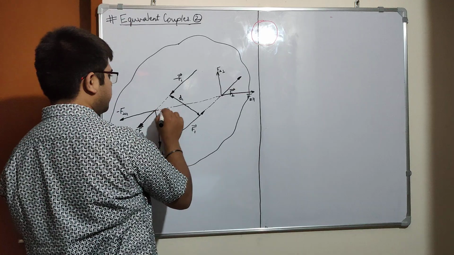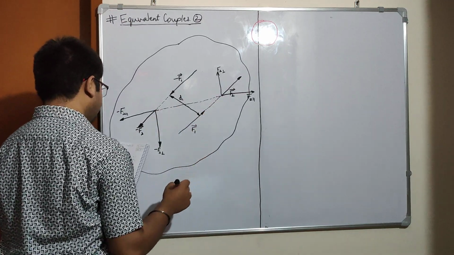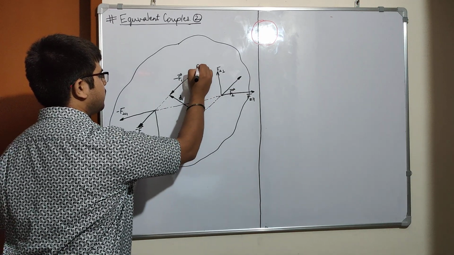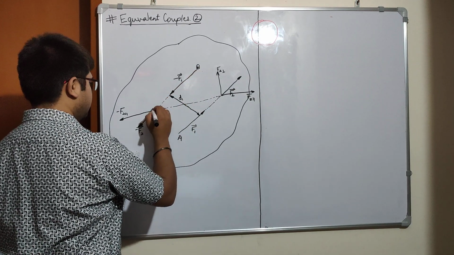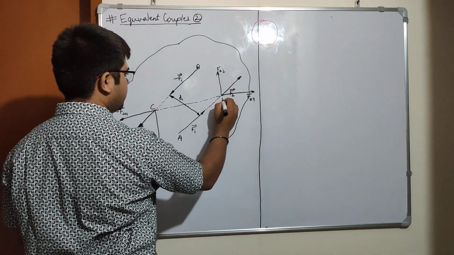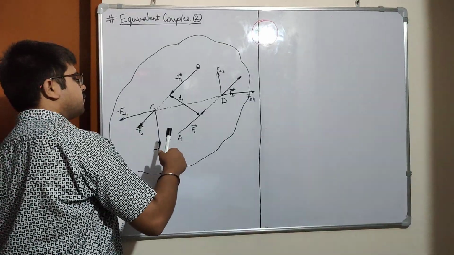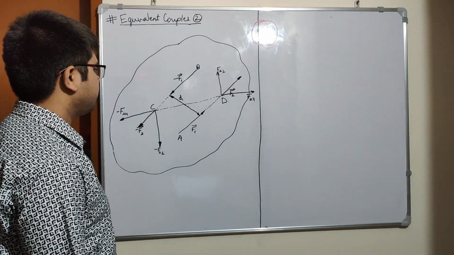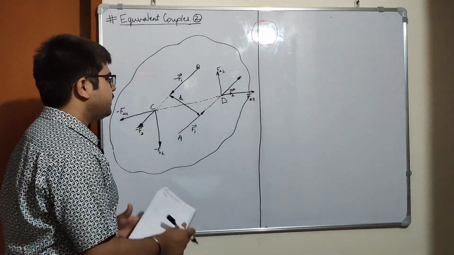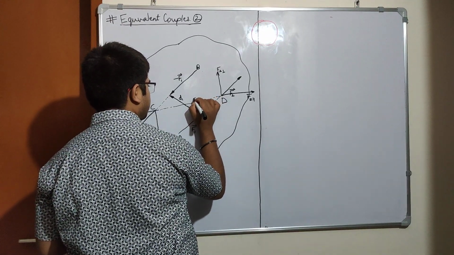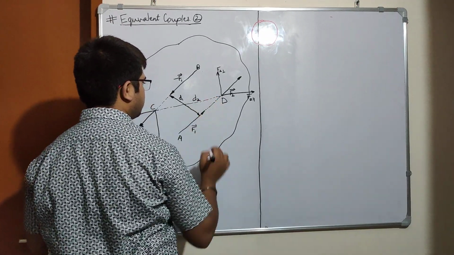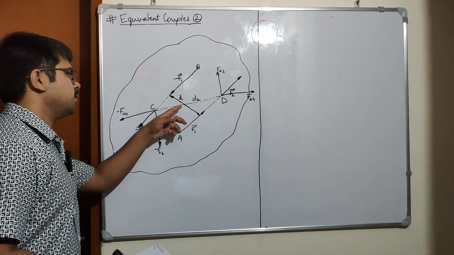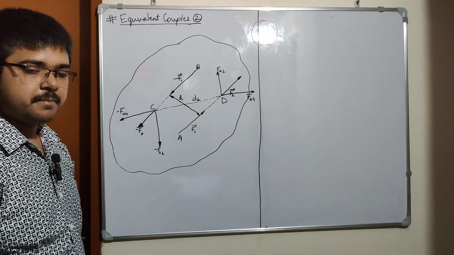And from this point to this, I'll name the points: this is point A, this is point B, this is point C, and this is point D. The distance between C and D will be D2. So that's how the D2 has come.